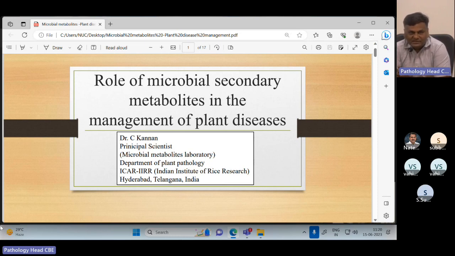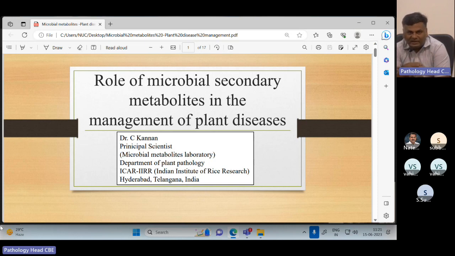The genesis of this institute is that we started as an All India Coordinated Research Coordinating Center. Then it was upgraded to the Directorate of Rice Research, where certain lead research was taken up by the scientists present there, and afterwards it was upgraded to the Indian Institute level.